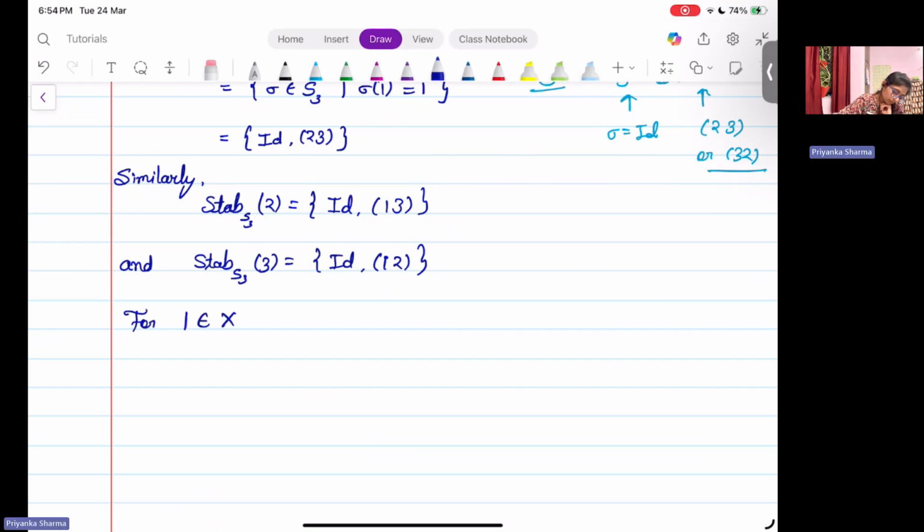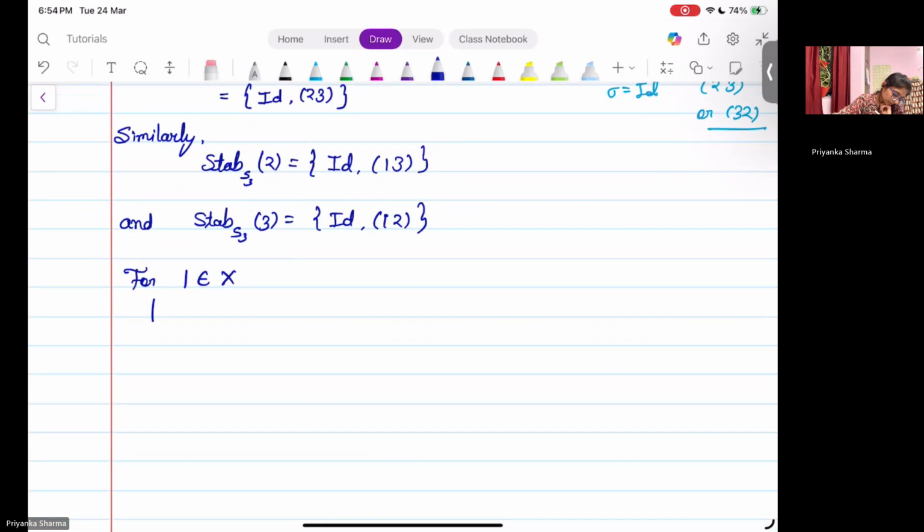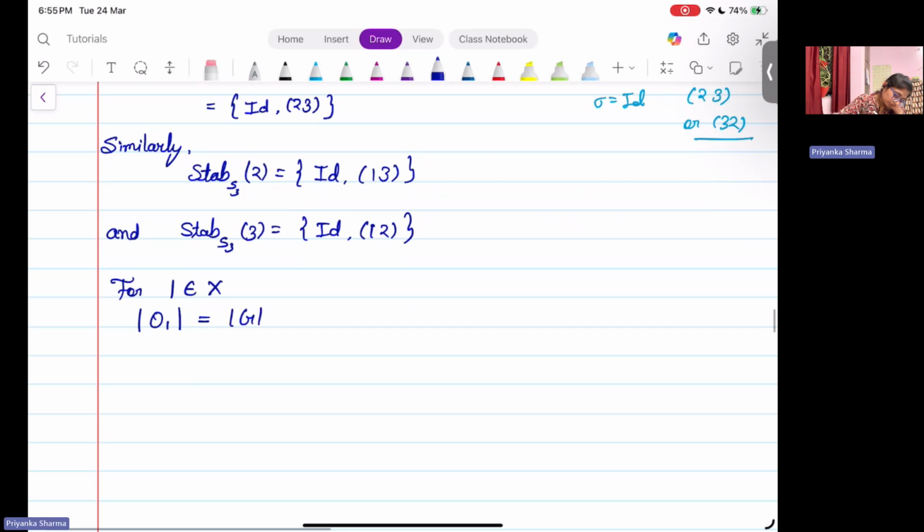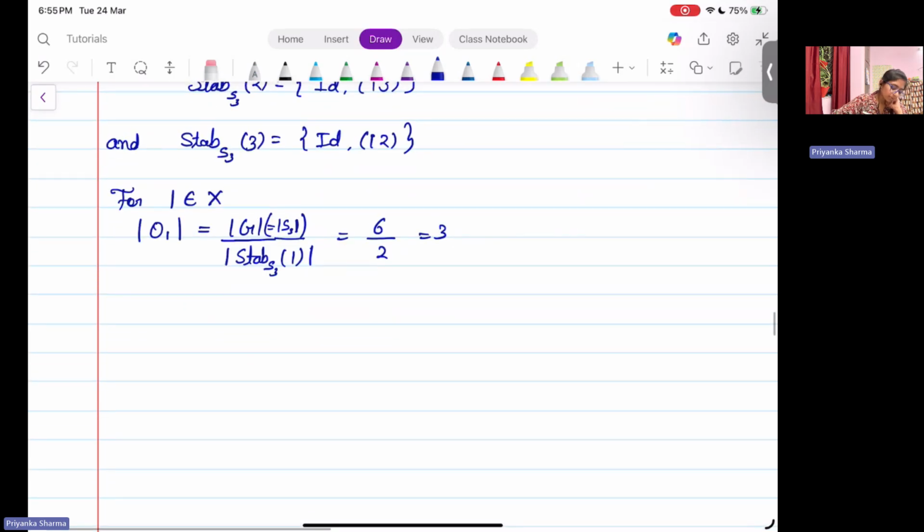For 1 belonging to X, the cardinality of the orbit of 1 will be the cardinality of G divided by the stabilizer of 1 in S3. That is 6, which is actually the cardinality of S3. So this is 6 by 2, that is 3. It means the orbit of 1 will have 3 elements.